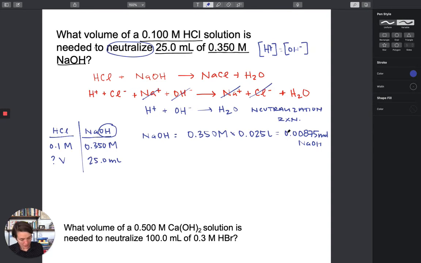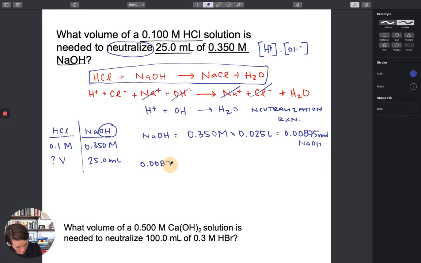So now we need to figure out how much of our hydrochloric acid solution we need. So we're just going to perform stoichiometry using our balanced chemical reaction. So we have a 1-to-1 mole ratio.